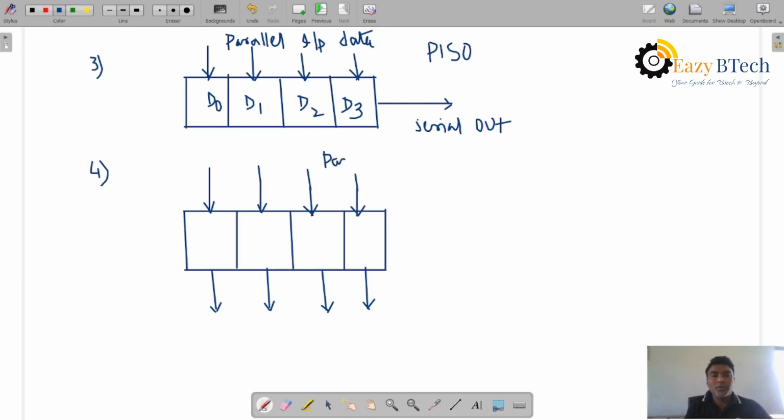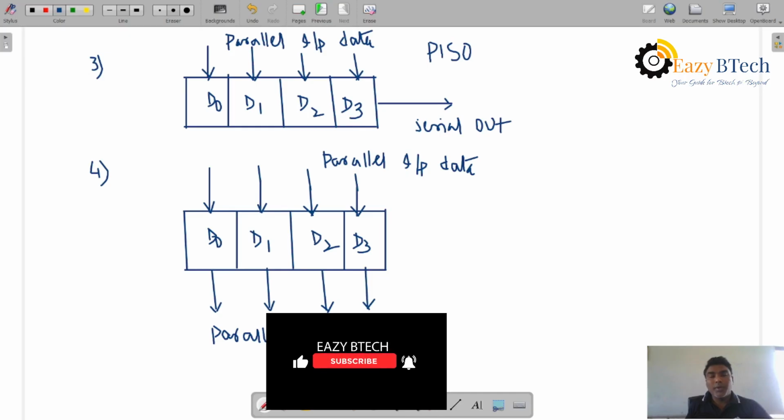So this is parallel input data, digital data processing through the flip-flops D0, D1, D2 and D3. Output data is also parallel output data, right?